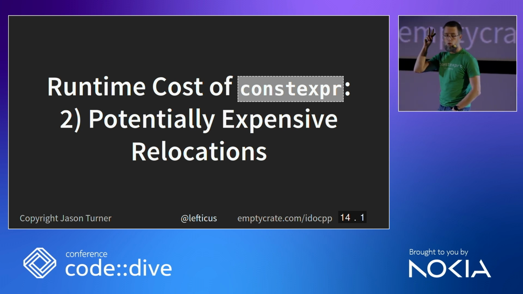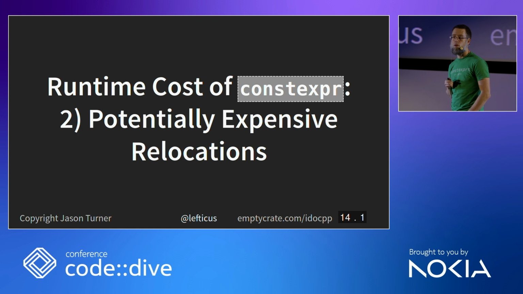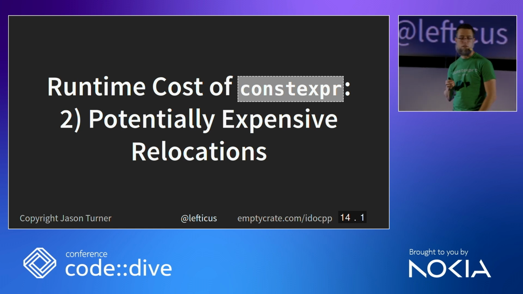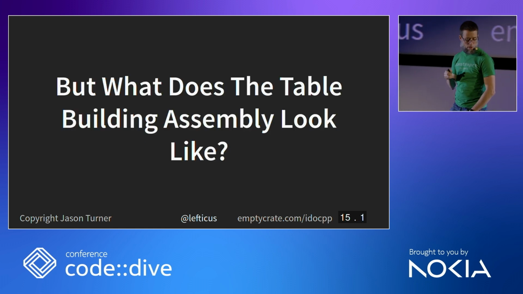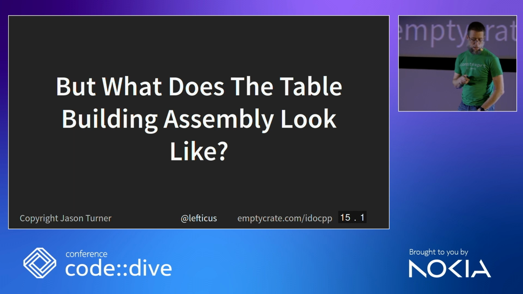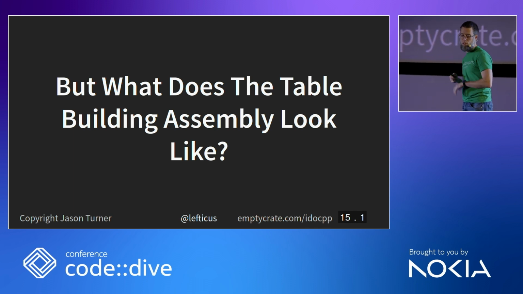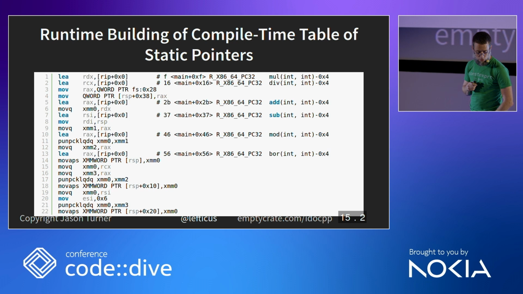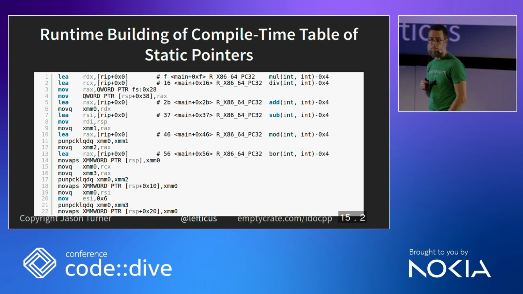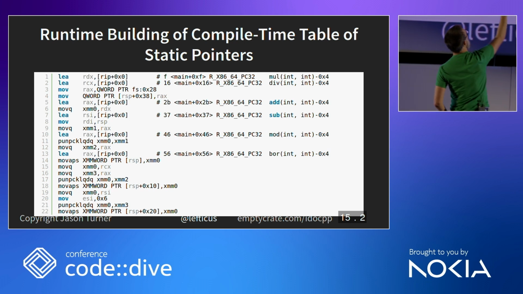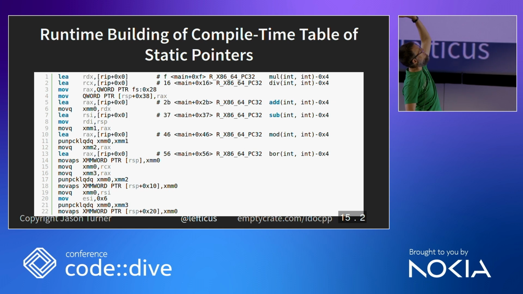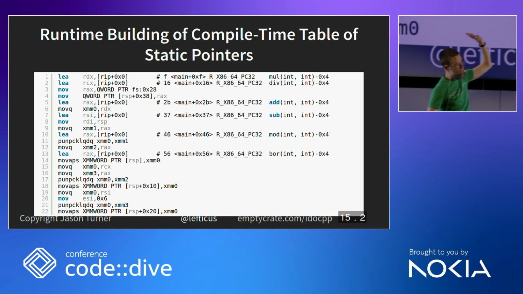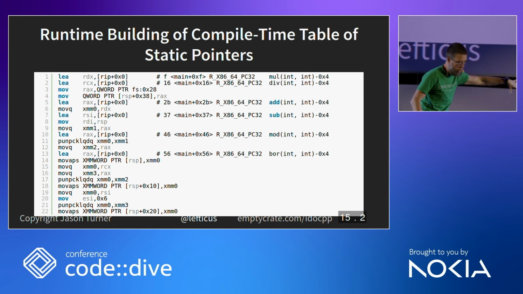Point number 2, potentially expensive relocations. And then the question I have is, what does the building of that table actually look like? This is the actual disassembly of a portion. So this goes back to my example. This isn't constexpr, but this is the table of function pointers, right?